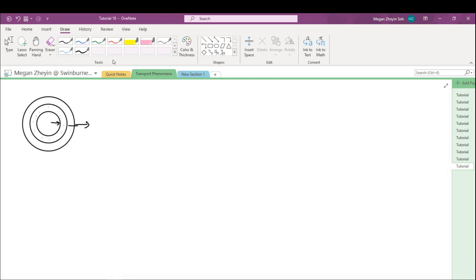So we have to consider the rate of diffusion in at R and the rate of diffusion out at R plus delta R, as well as the rate of removal of the toxic gas.